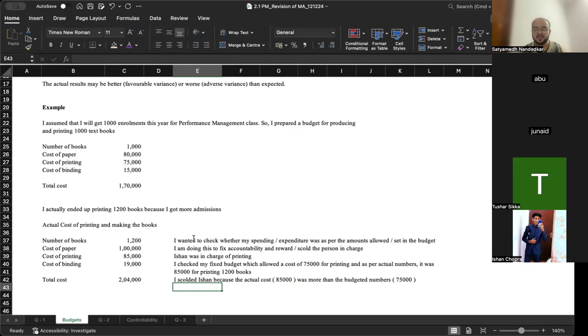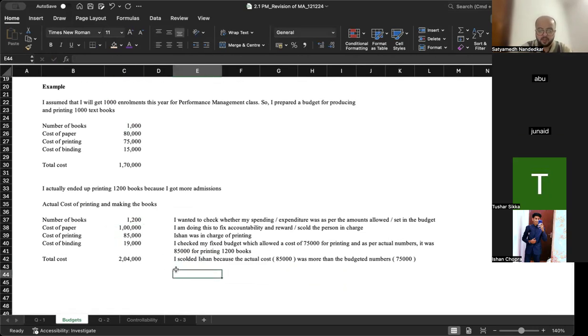But is this correct? Is holding Ishan responsible and saying that you have not done a good job? Is this statement correct? That is something we need to evaluate. This budget was prepared for 1,000 books. My actual books printed were 1,200. Okay.